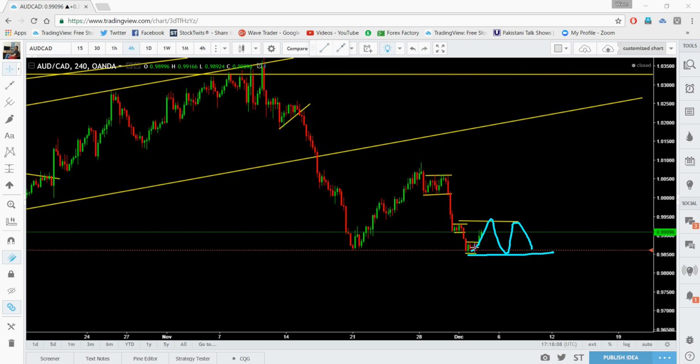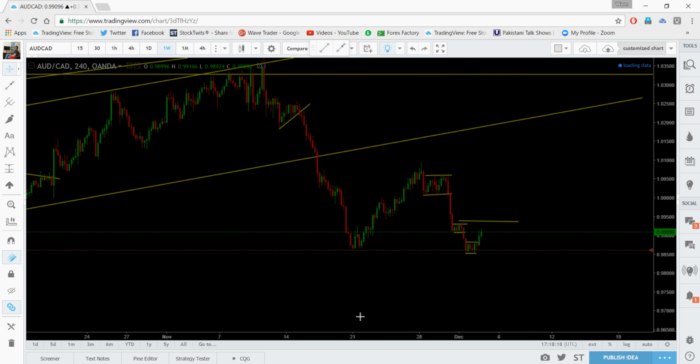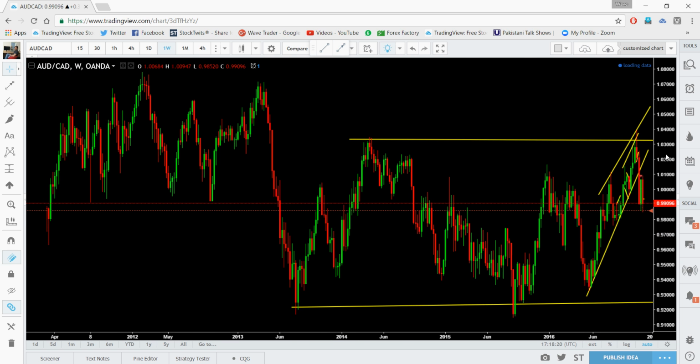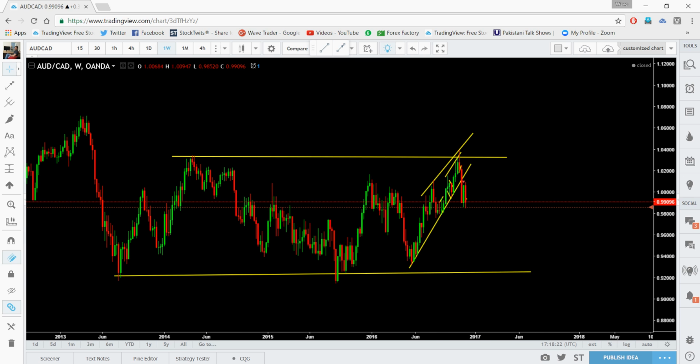So if we see a continuation pattern, a bigger continuation pattern here, definitely we're going to look for a sell, for further sell to the downside. Everybody knows that this pair has a huge potential. We have spoken about this pair a lot of times. So we are looking for this trade, and we are anticipating that we're going to get some correction or continuation here, and then we're going to look for the further downside.